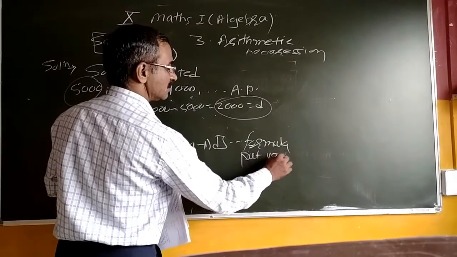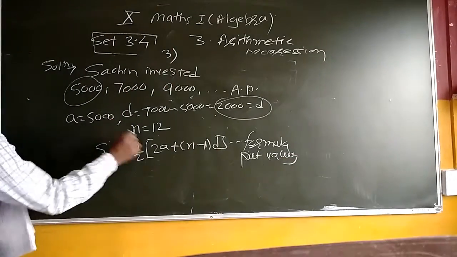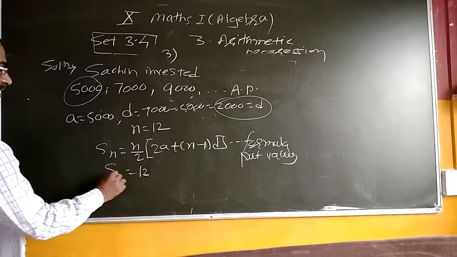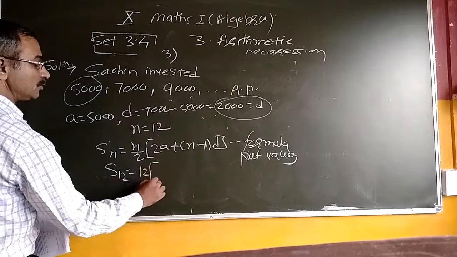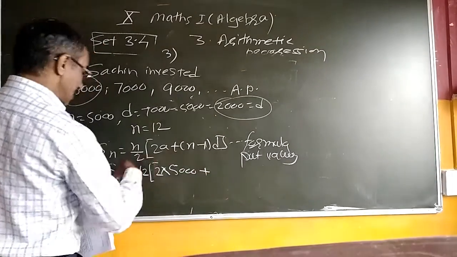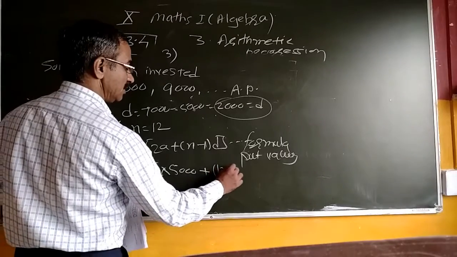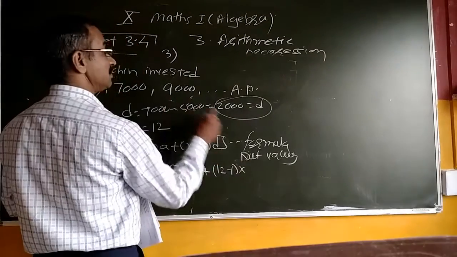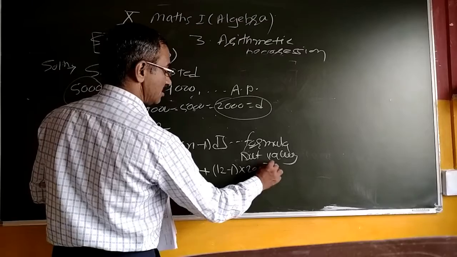By putting the values, n value is 12. Then 2 into the first installment, 5,000. Then n minus 1, 12 minus 1, into d. The fixed difference is 2,000 rupees.